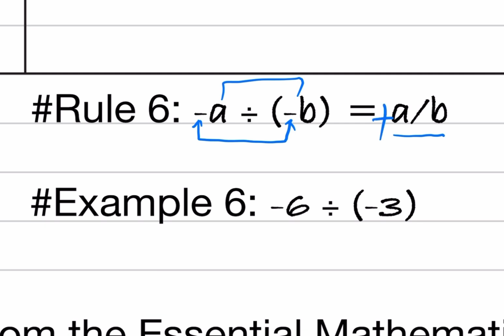There's an invisible plus. So 6 divided by 3, let's do 6 divided by 3 first. We get 2. And then the minus and minus, when we multiply it, we get a plus. But obviously, we're not going to write plus 2. So we get 2.